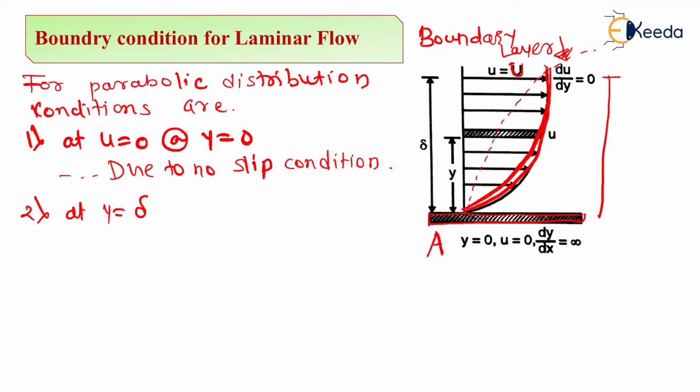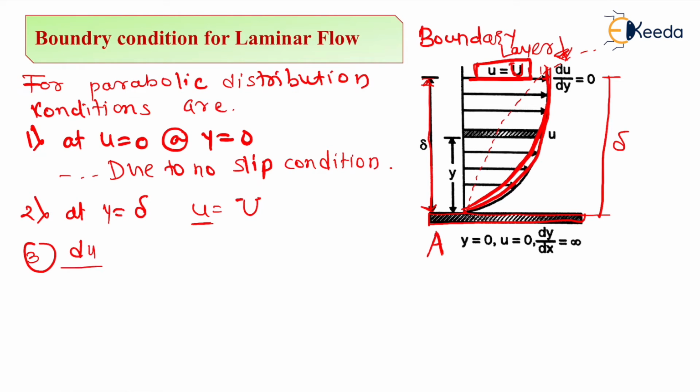So it is clear that at y equal to this delta, at this cross section, we will have the second condition, that is small u equal to capital U. Small u is any value of velocity in the boundary layer. When we go to the edge of the boundary layer, the value will become capital U.